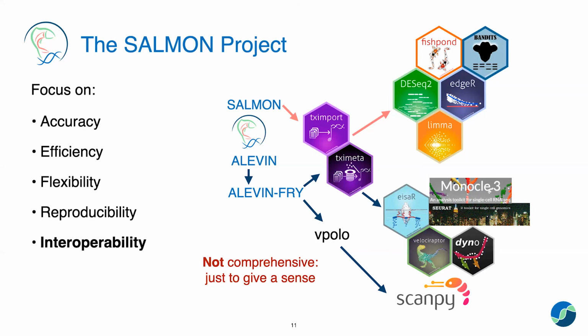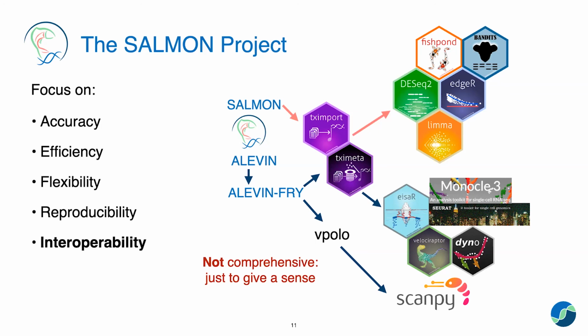These are packages developed by and in conjunction with Mike Love's lab and a number of others that make importing Alevin and Alevin-fry output into R easy, and provide standard R data structures like SummarizedExperiments for downstream use.